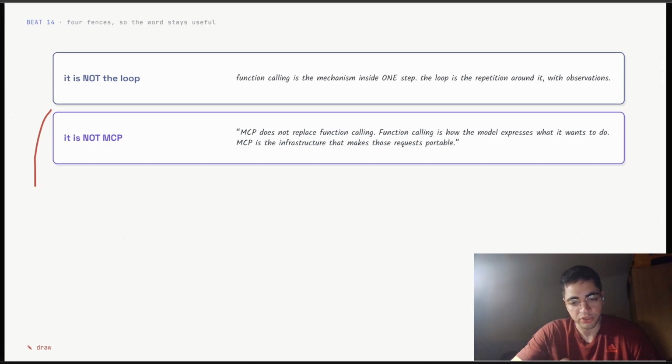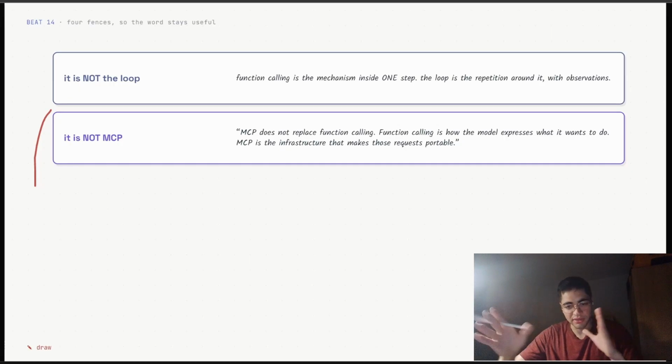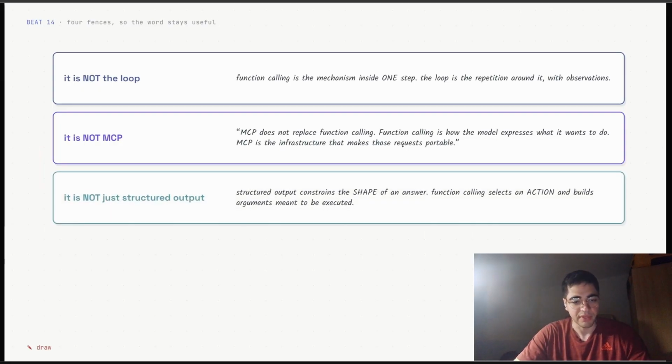MCP is the infrastructure that makes those requests portable, discoverable, executable across different systems. So basically, one is the model capability, the other is a distribution standard built on it. And the next video will be about MCPs, so you will get the nuances there much better when you're watching it.